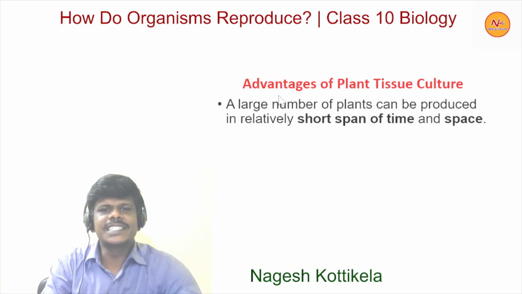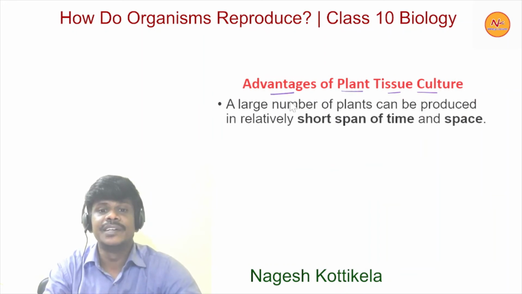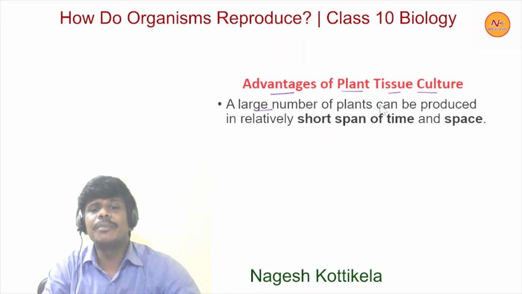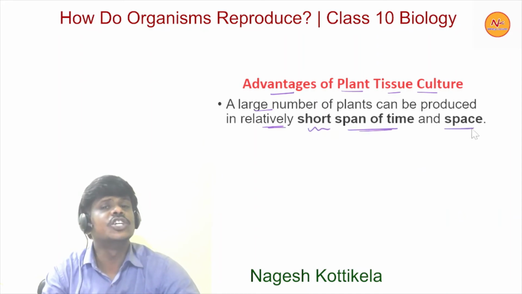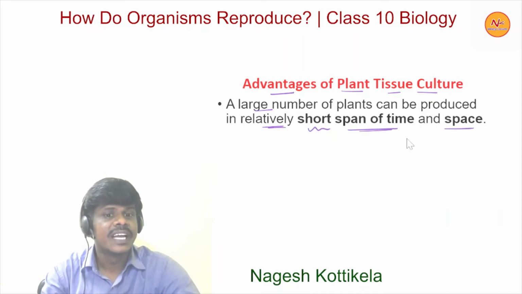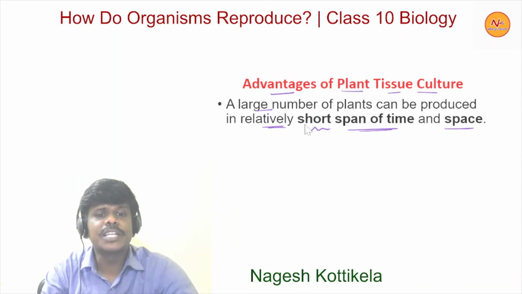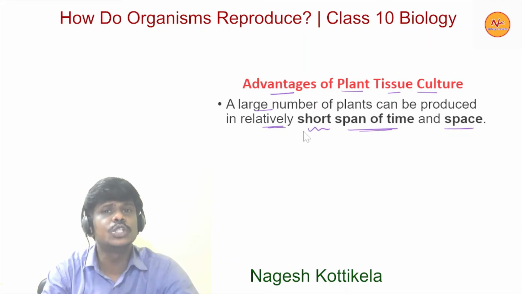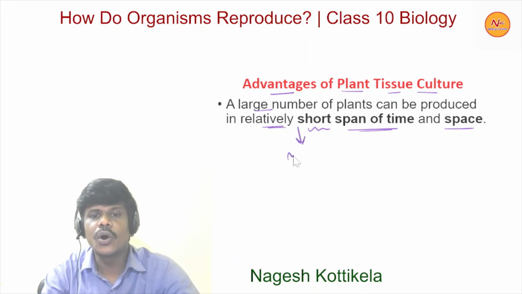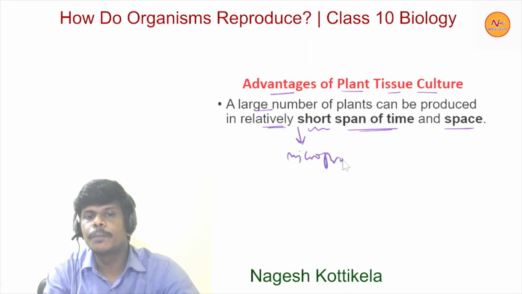Now let's discuss the advantages of plant tissue culture. Here a large number of plants can be produced in a relatively short span of time and in a small space. And this method of producing thousands of plants through tissue culture is called micropropagation.